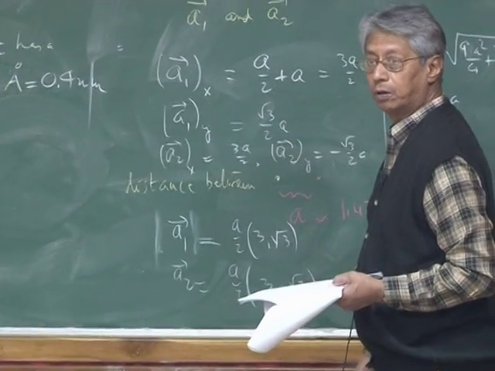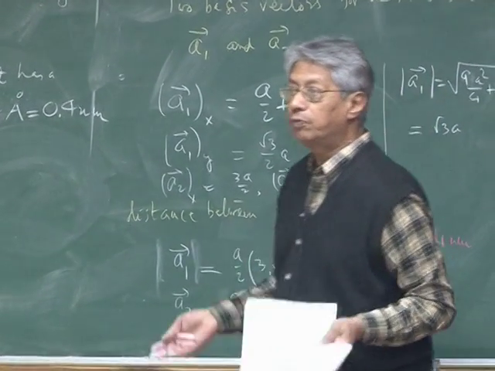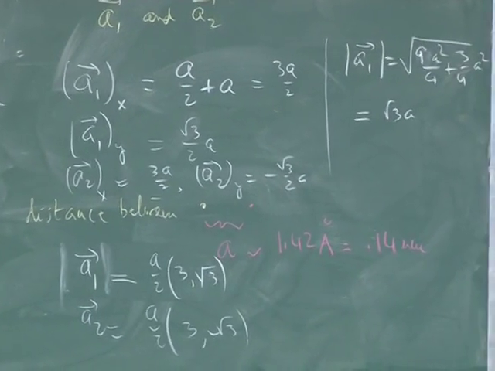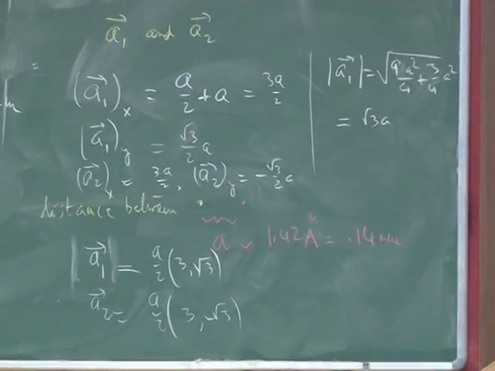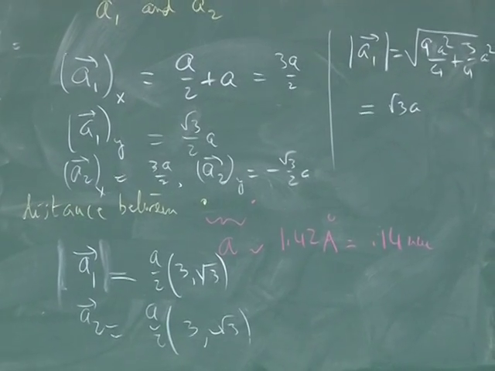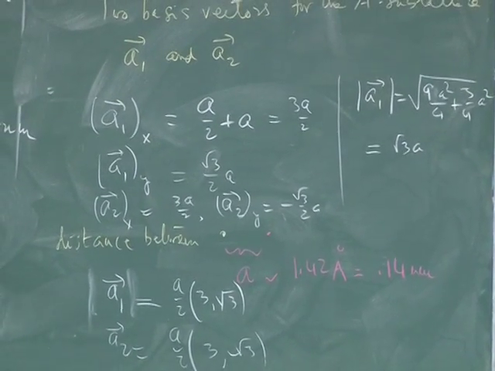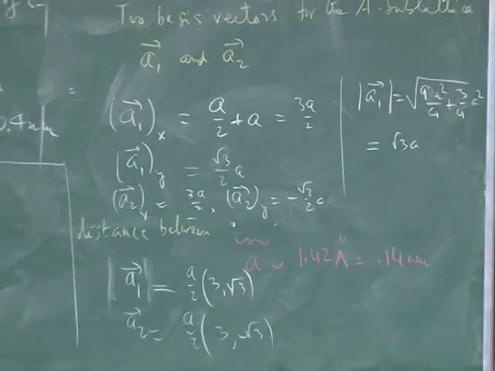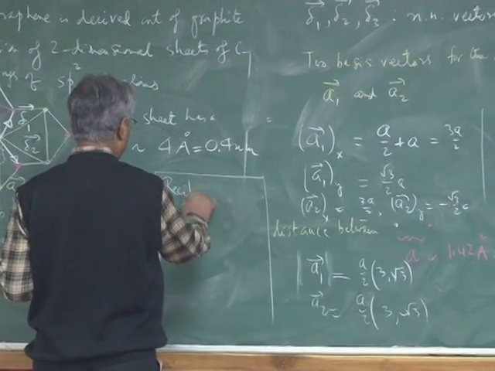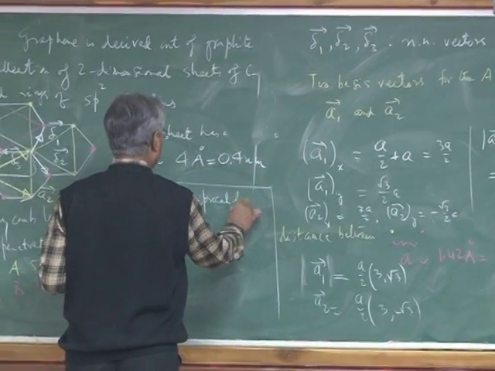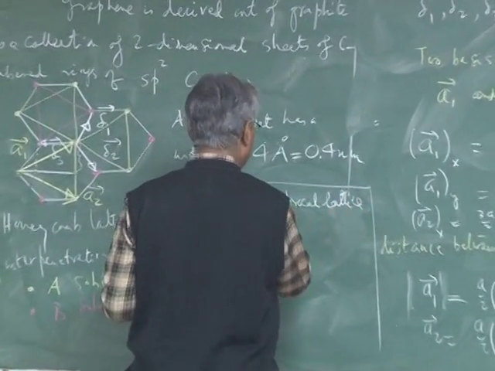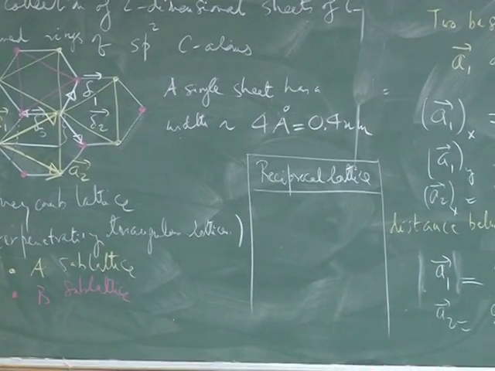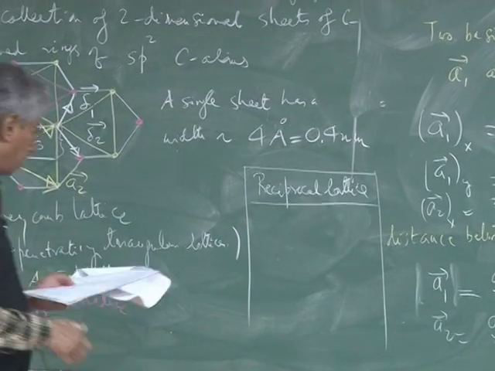Clear? Okay. Now you all know from Kittel, from anything that you studied in solid state physics, that you can go to the reciprocal lattice vectors. When you construct the reciprocal space, that's the space that you probe by, let's say, X-ray or neutron scattering, in the k space, the reciprocal lattice will have similarly their own primitive vectors, b1, b2, b3, in this case only b1 and b2.